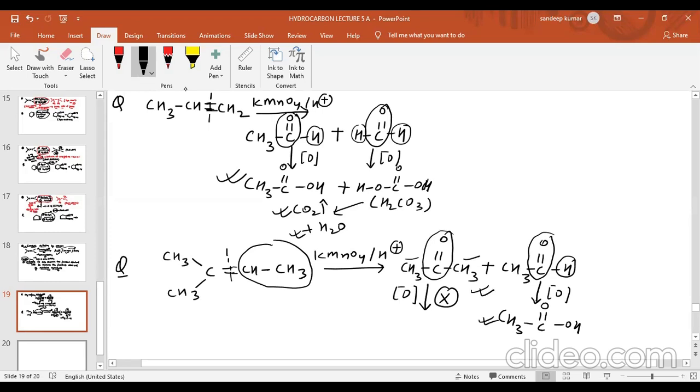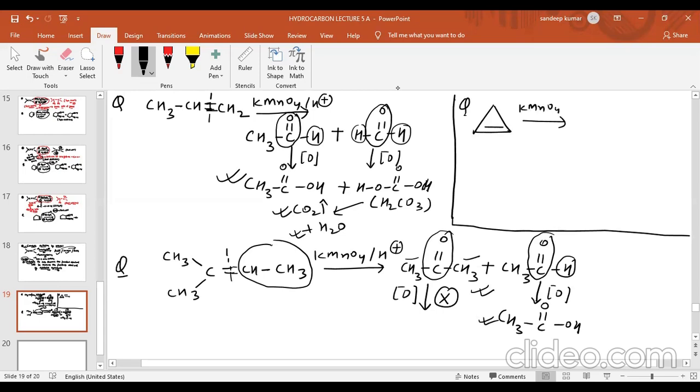Now see the next question. In this corner, we will discuss the next question. If the compound is given like this and you are doing oxidative ozonolysis, meaning in presence of KMnO4 and H+, what will happen?